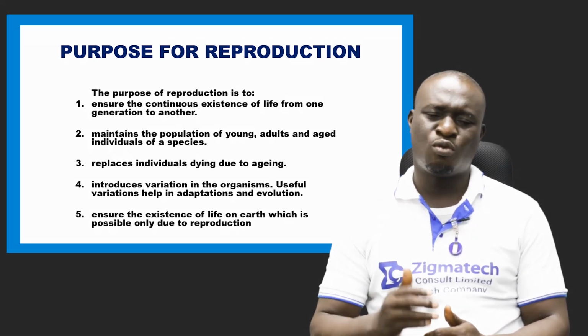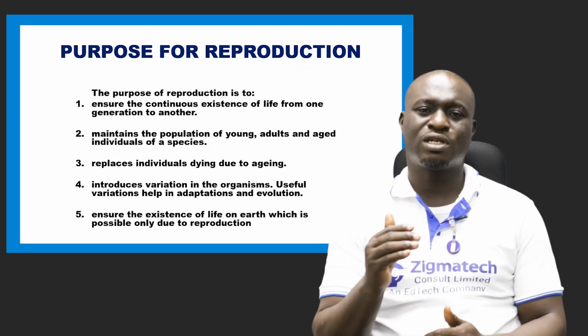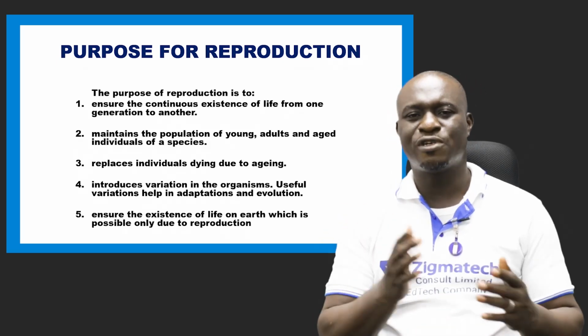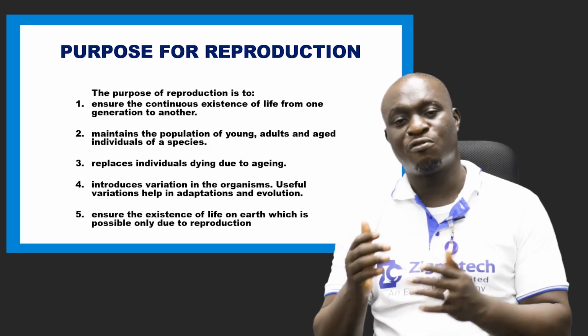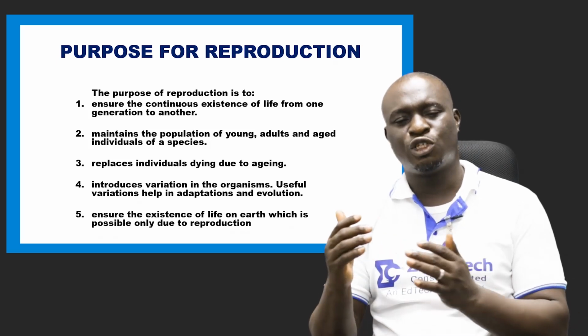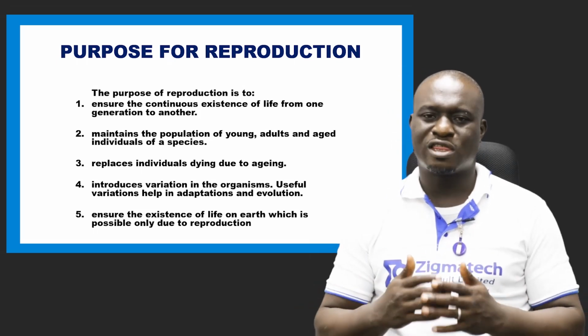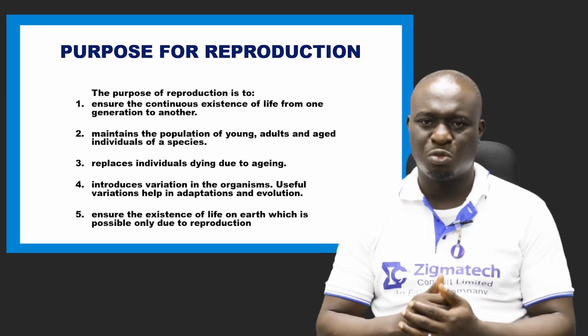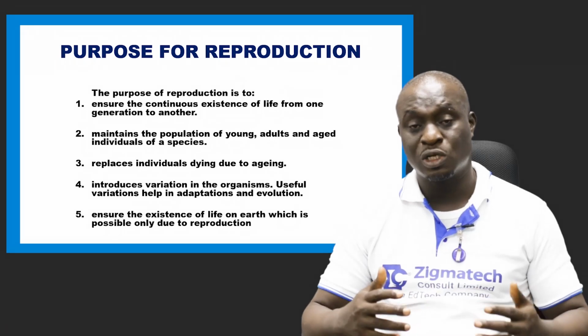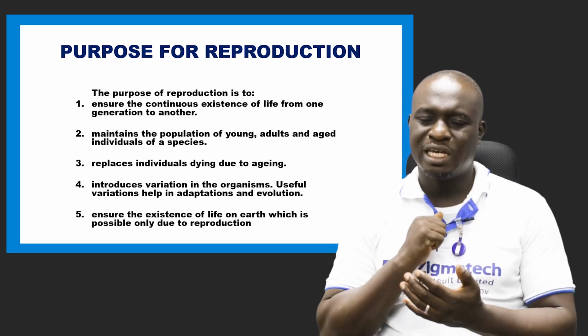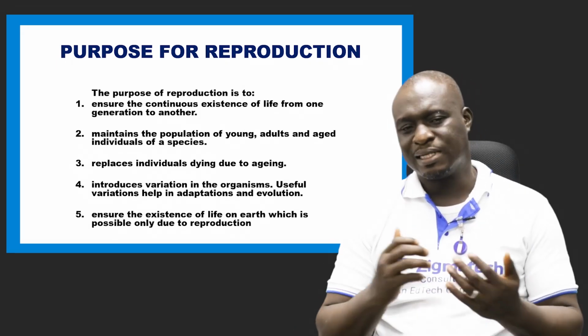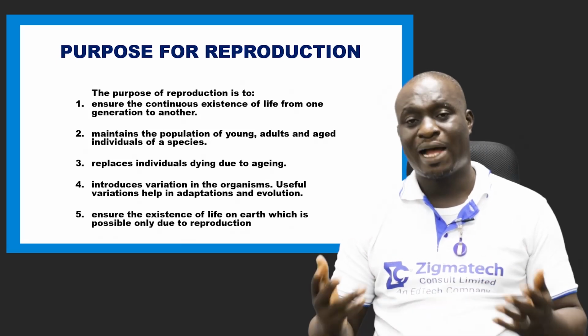Now, what is variation? Variation can simply be seen as those physical, physiological and morphological changes or differences which occur within members of a given species. An example is in terms of height.